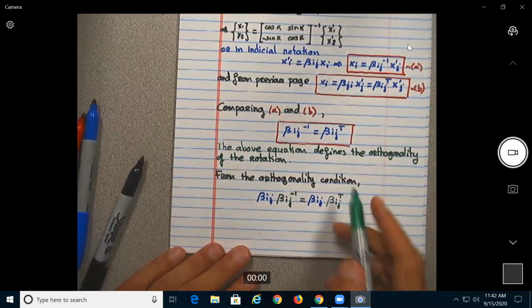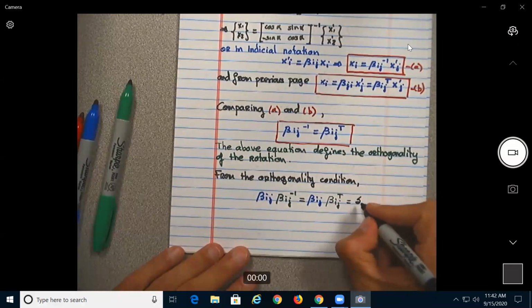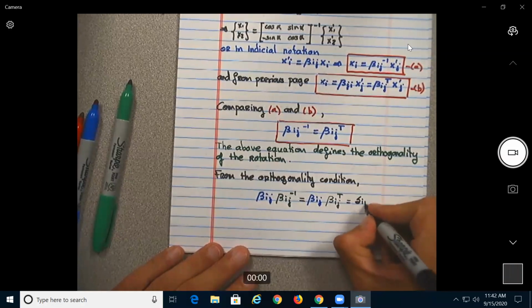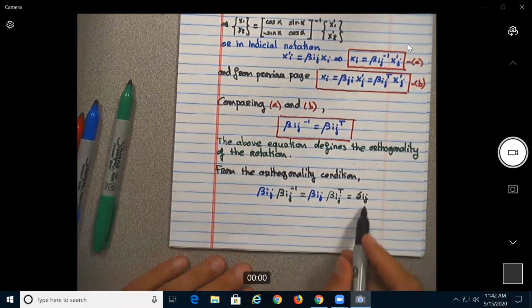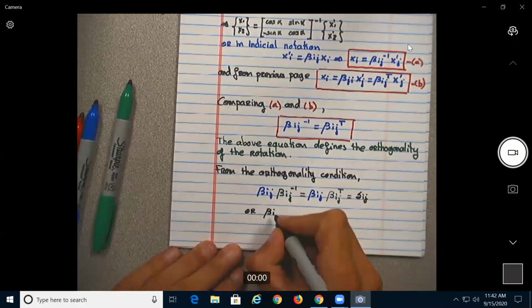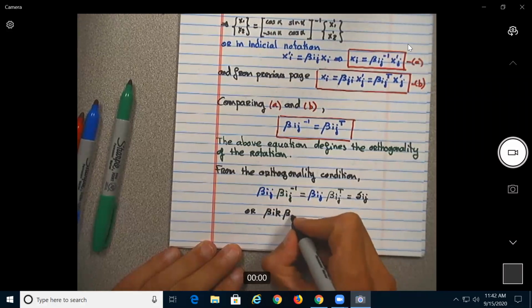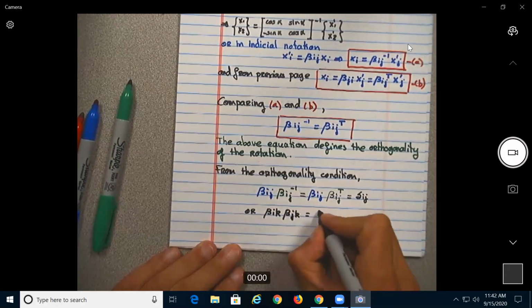This will give you a diagonal matrix of 1s. So in the initial notation, remember this will be the Kronecker delta symbol. Or we can just rewrite this as beta ik beta jk equal to delta ij. You can do the summation on this one.